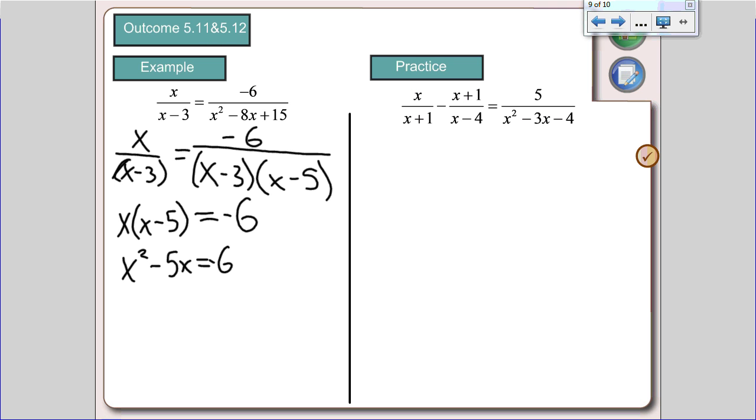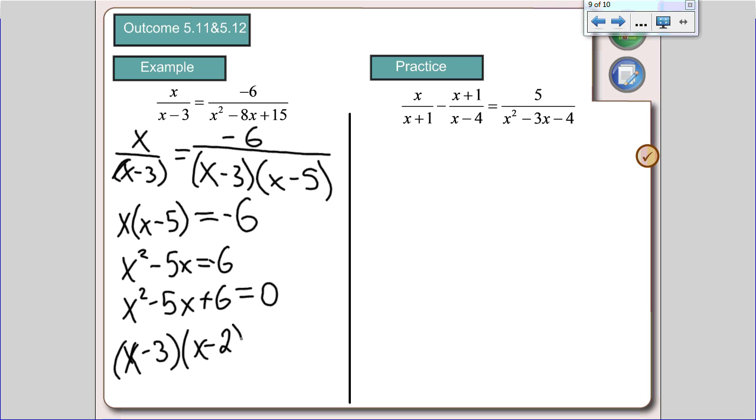Things that multiply to be 6 and add to be negative 5. Negative 3 and 2. So x minus 3 times x minus 2 equals 0. X equals 3 and x equals 2.